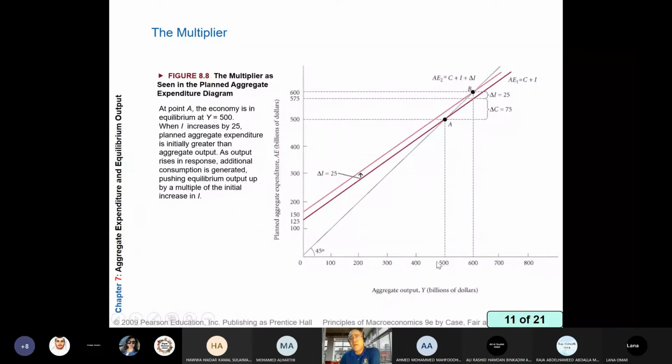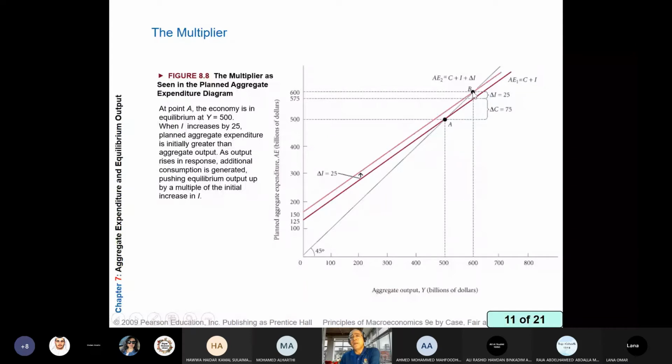So now at 500, planned aggregate expenditure is more than aggregate output. Demand is more than supply. So that will lead to unplanned decrease in inventory. Business sector will react by increasing output till we reach a new equilibrium point.